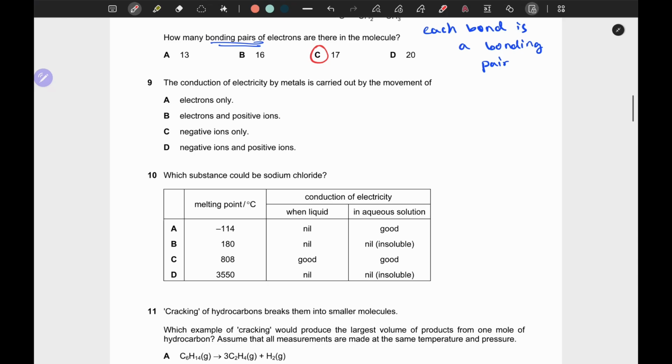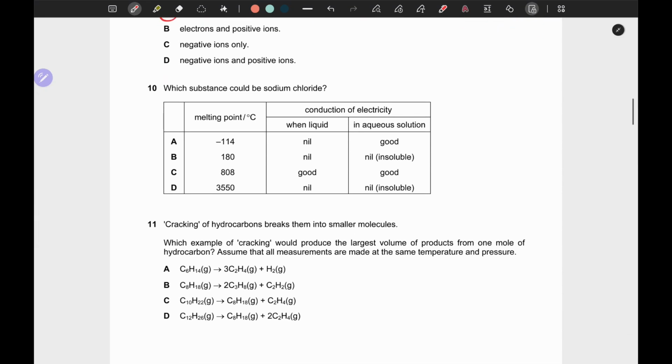Moving on to number 9, the conduction of electricity by metals is carried out by the movement of, it's always going to be electrons, because this is just metals. Which substance could be sodium chloride? So this is what they're asking for number 10. So sodium chloride is an ionic compound, and as we know, ionic compounds conduct electricity when liquid.